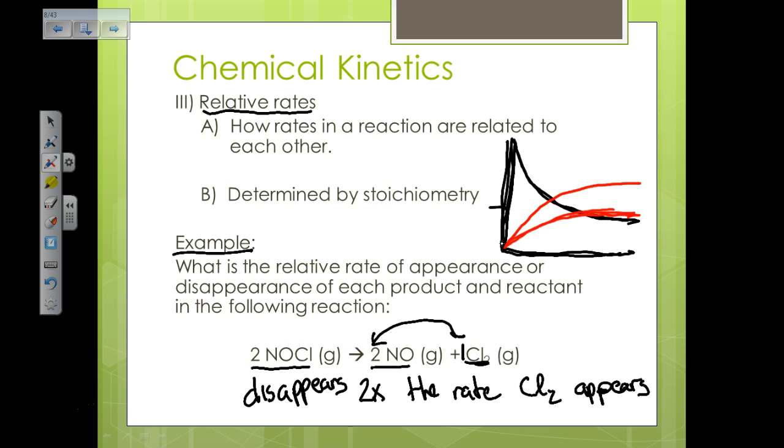So if this is Cl2, this is NO, and the one in black here is NOCl, this graph shows how the rates are related. These two have the same rate. One is just appearing, and the other is disappearing, and this one is half as much as the NO. So that's related rates or relative rates, and have a great time with it.